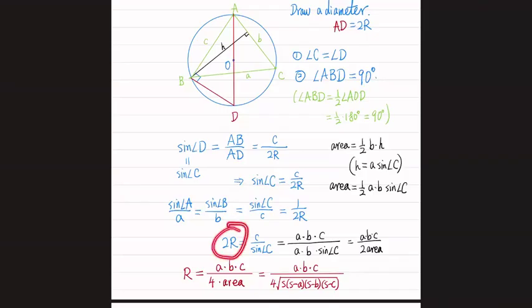So 2R is ABC over twice the area, right? Mm-hmm. We divide both sides by 2. We divide this by 2, multiply the denominator by 2, right? Okay. So I get 4 times area.